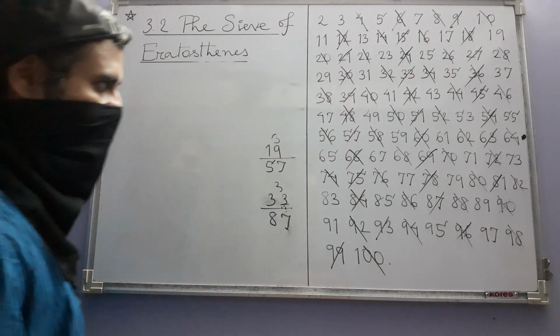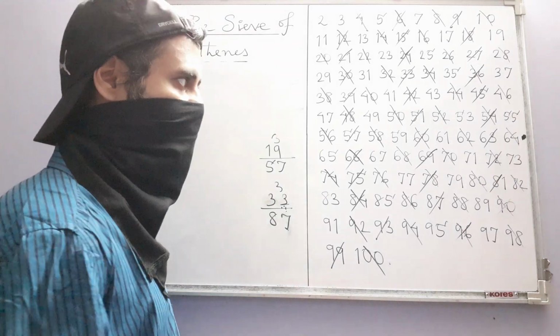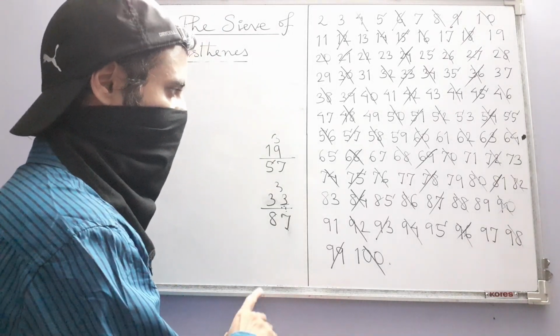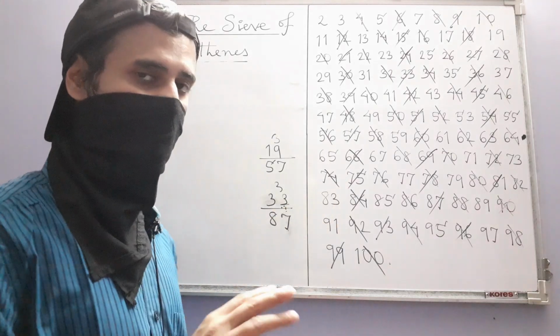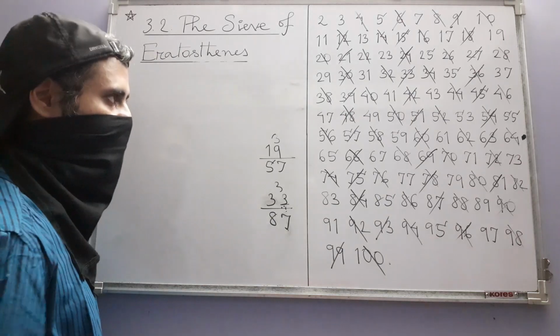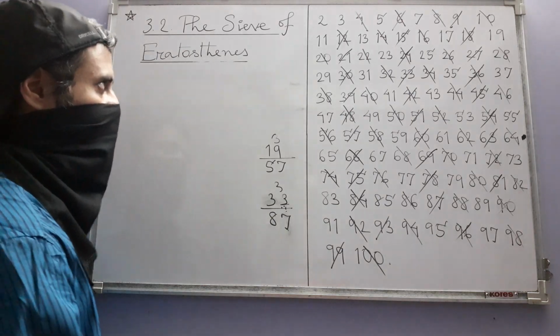So all the multiples of 3 other than 3 itself have also been striked out, and among them some were striked out before when we striked out the higher multiples of 2.